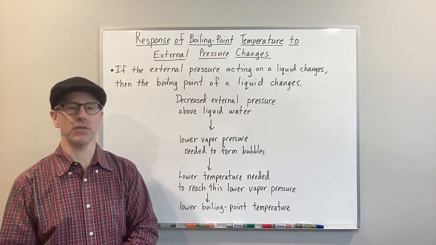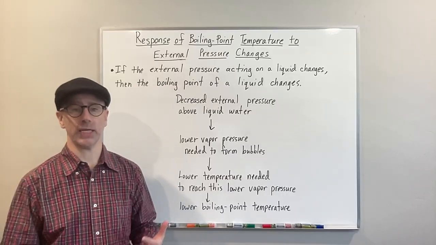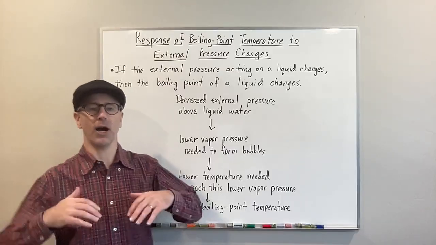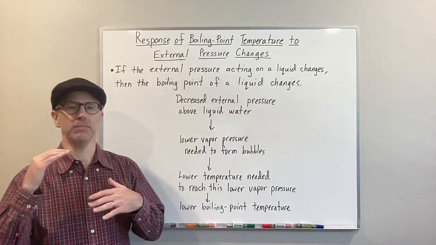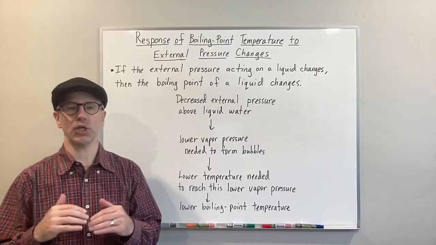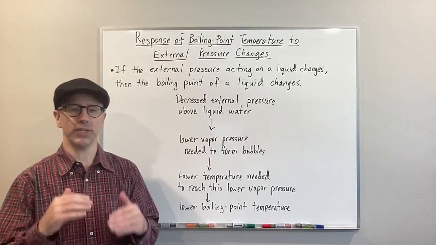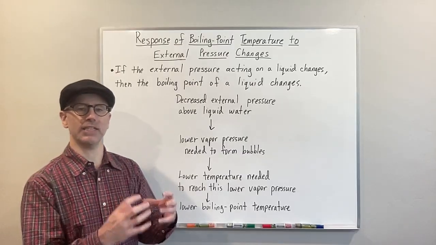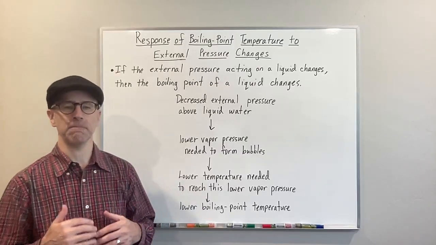To remind ourselves, we talked about boiling and how boiling occurs in my last video. To recap a little bit, the boiling point is the temperature at which the vapor pressure of the liquid is equal to the external pressure.